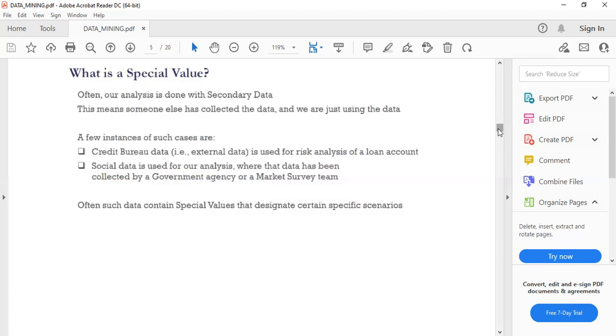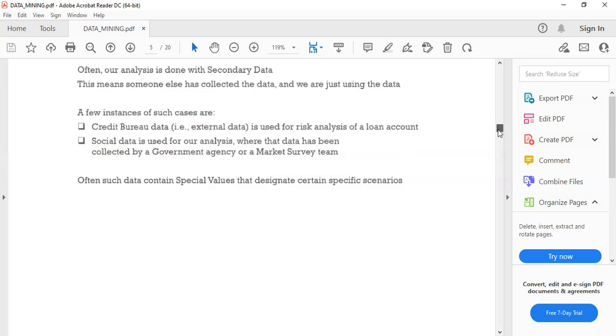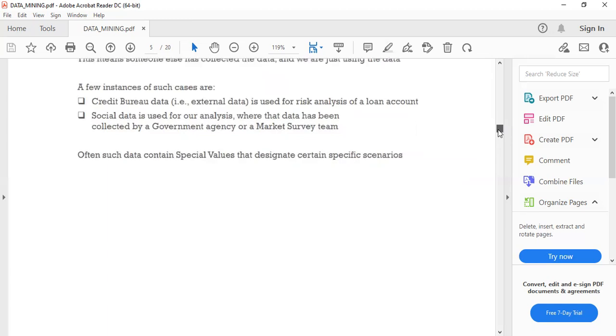That is secondary data. A few instances of such cases are credit bureau data, which is external data used for risk analysis of a loan account, and social data, where the data has been collected by a government agency or a market survey team.